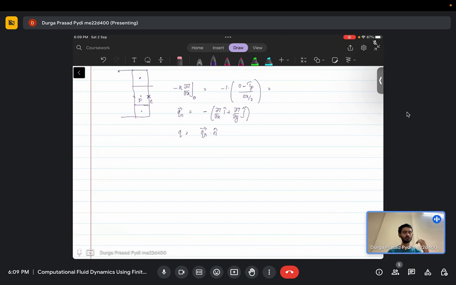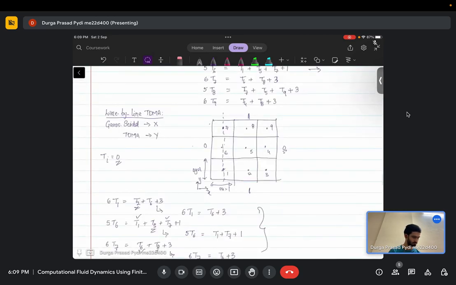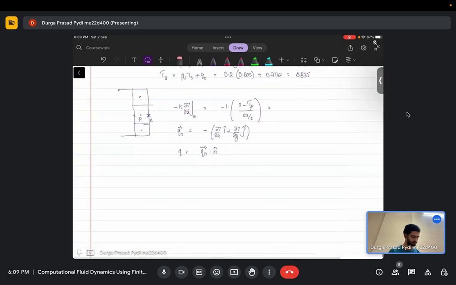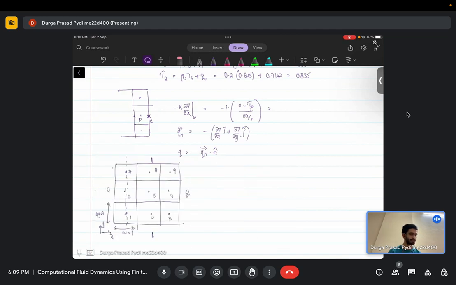Now very similar to your 1D case, in the 2D case, if you want to apply circular TDMA, the boundary conditions will be like this. In our grid, we are merging this boundary with this boundary such that you essentially don't have two different cells now. So your 1, 2, 3 is now combining with your 7, 8, 9.